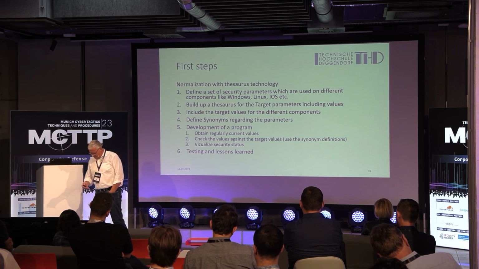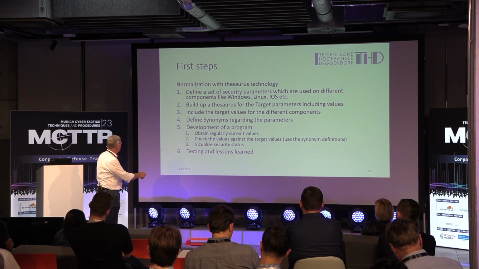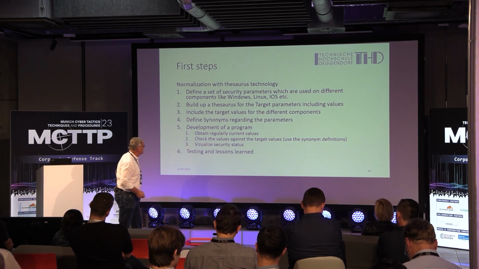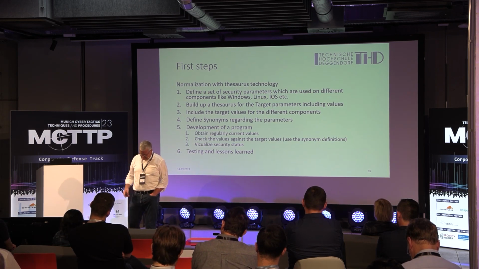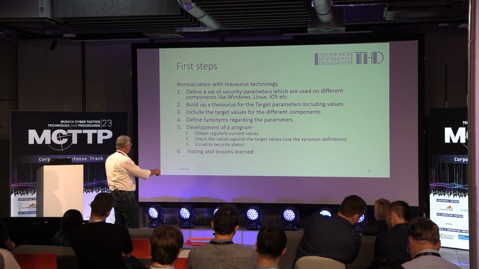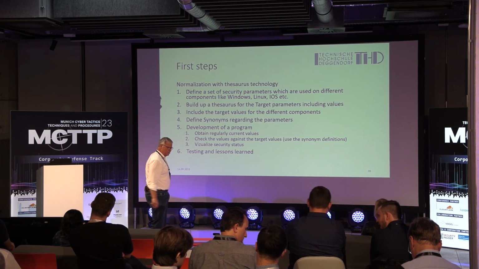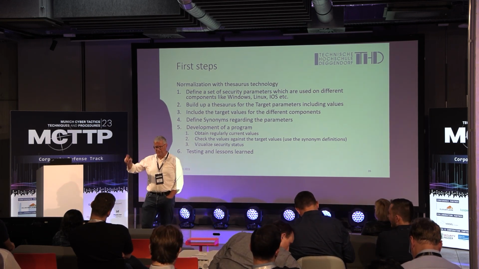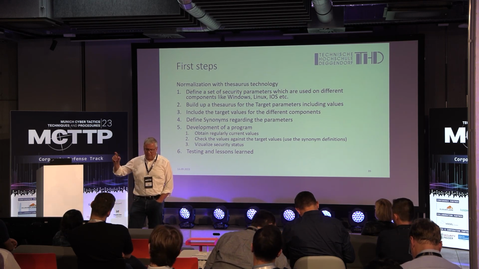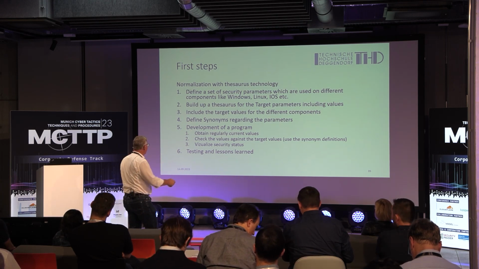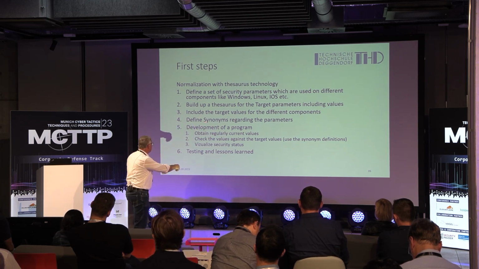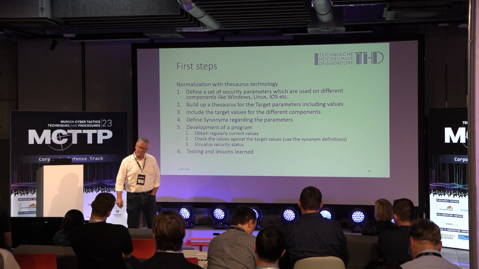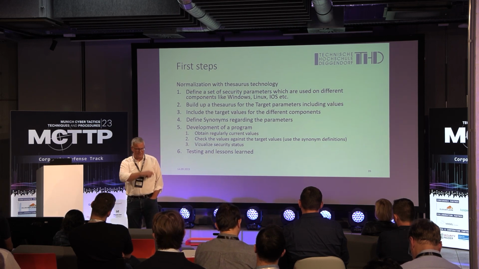So what we have to do here? Okay, define a set of security parameters. It's always the same, for example, for Windows, Linux, iOS, and other parameters. Then build up a thesaurus for the target parameters, including all the target values, and then include the target values for the different components, and then define synonyms regarding these parameters for all the components.